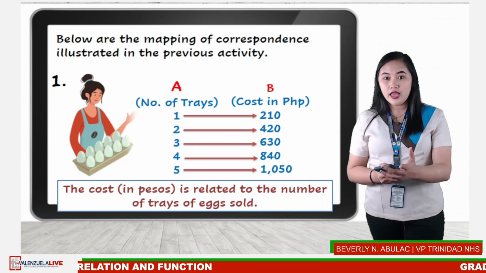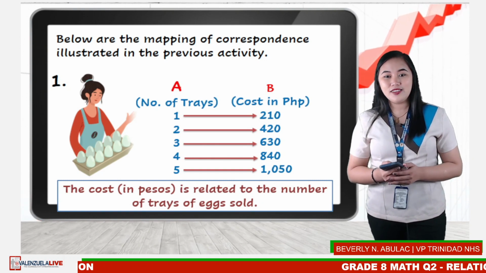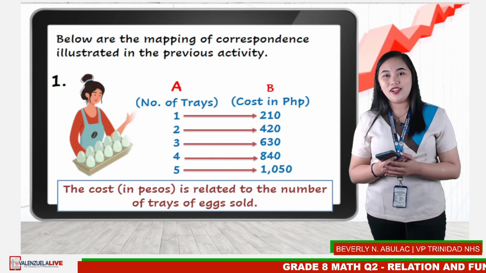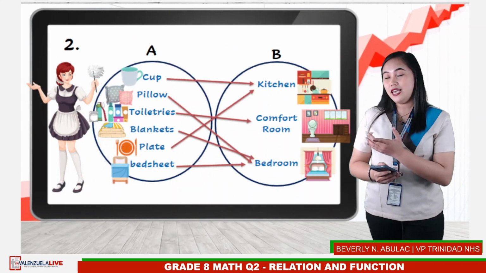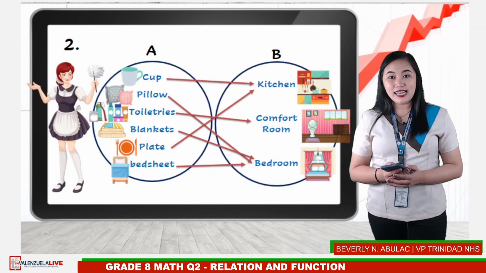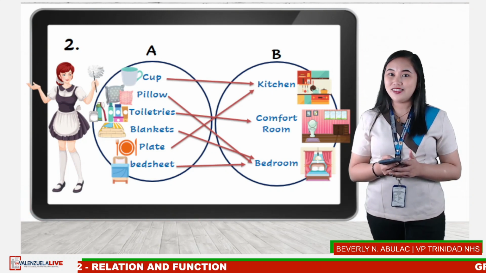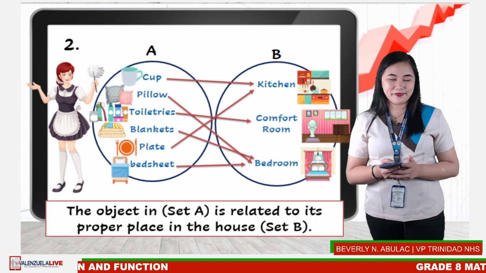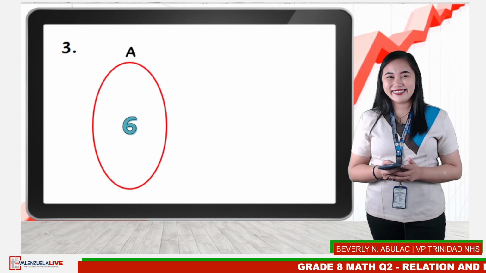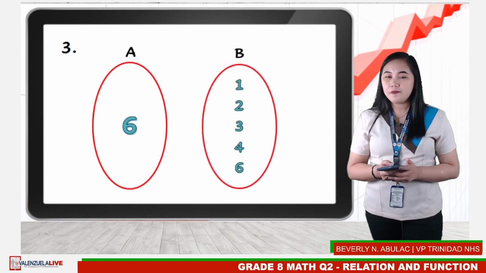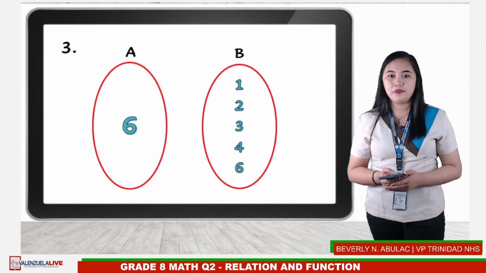In number 1, the cost in pesos is related to the number of trays of eggs sold. In number 2, the object in set A is related to its proper place in the house, which is in set B. And number 3, the given number in set A is related to its factors in set B.